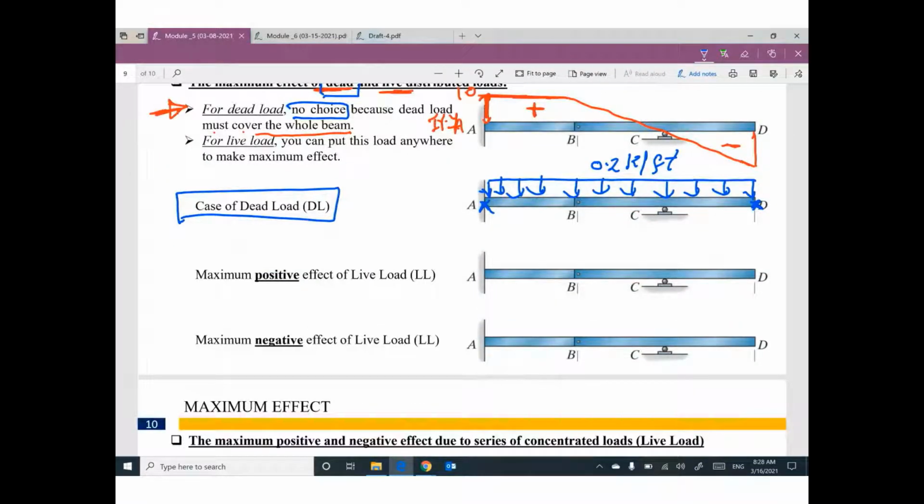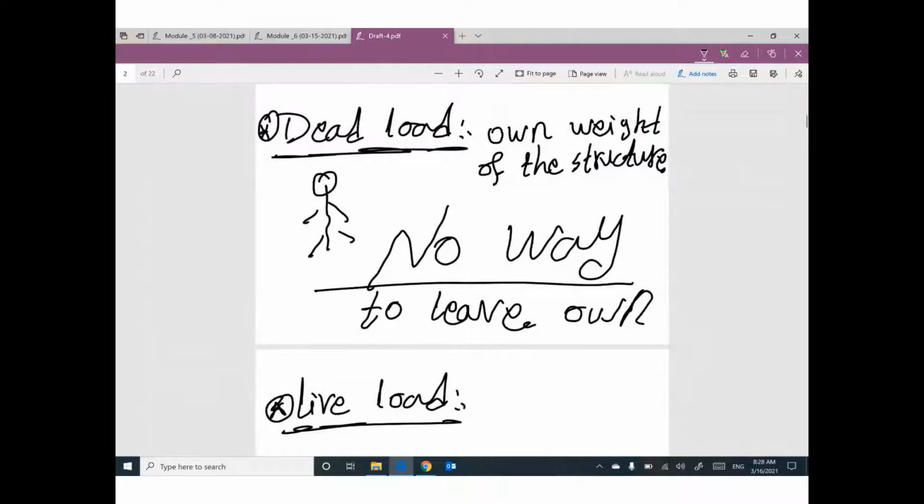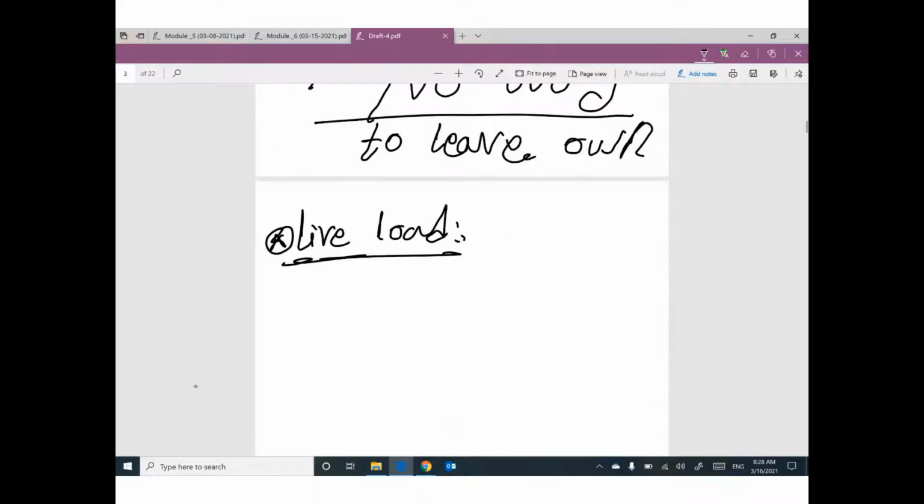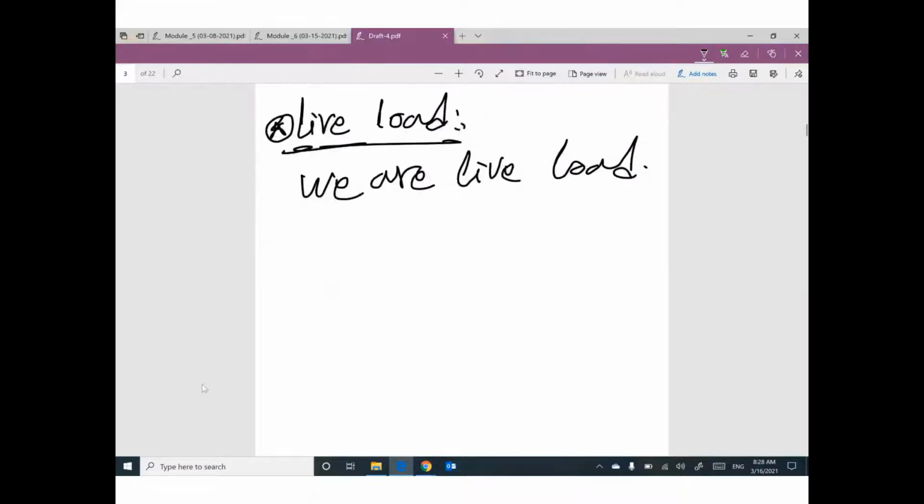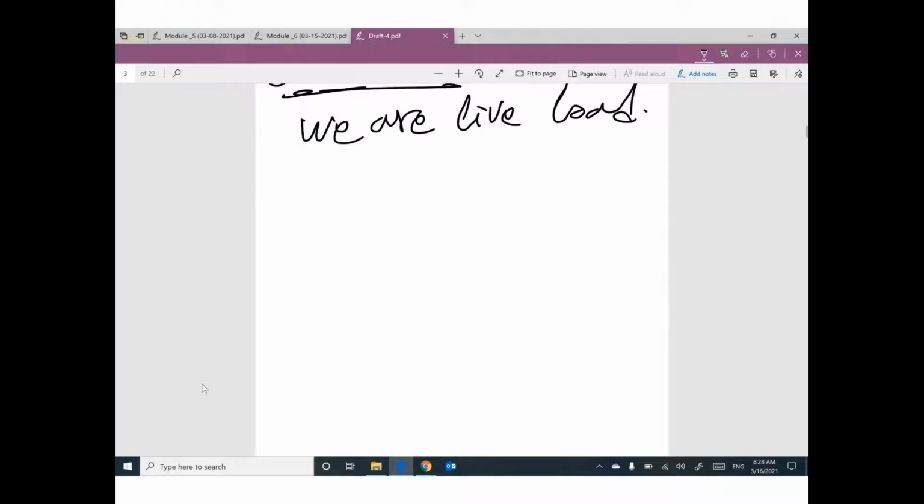But for live load, we are live load. What do you mean by we are live load? Okay, try to think about your family in your apartment. Sometimes in the evening, all of your family is sitting in the living room.